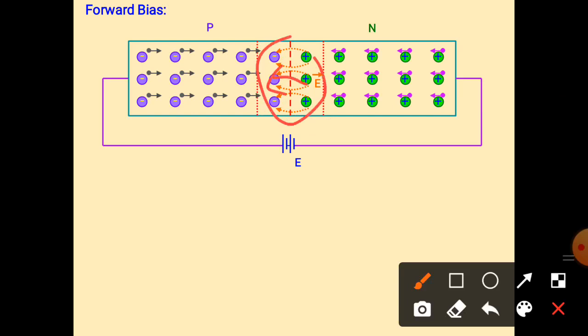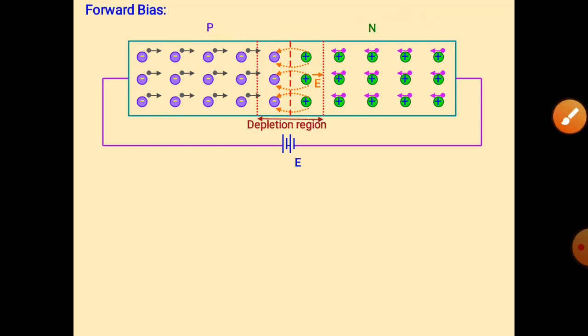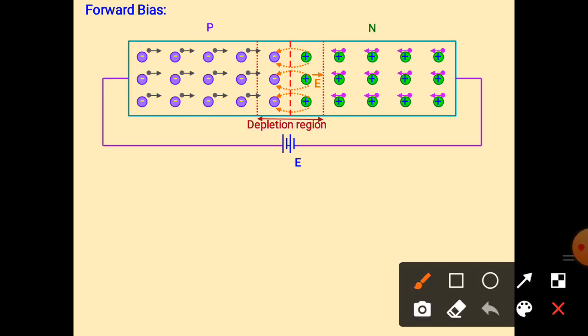But outside the depletion region, we have the P type semiconductor and here the N, so outside we have the electric field towards the right hand side, right? Inside it is left hand side, and outside it is right hand side. That is because of this difference: this is the inside electric field and this is the outside electric field.